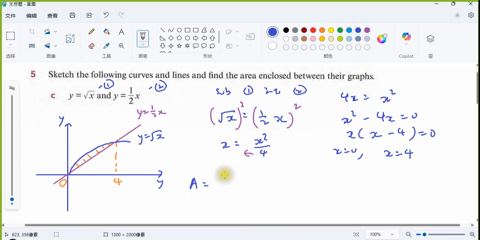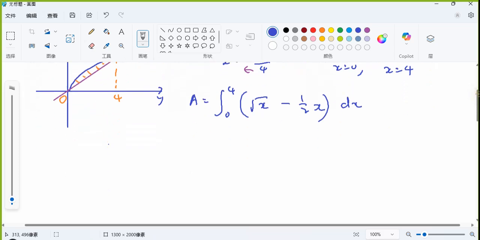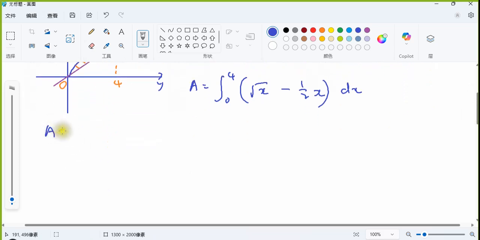So the area will be integration from 0 until 4, above one is the square root x minus the half x dx. So the area will be integration from 0 until 4 of x to the power half minus x over 2 dx.